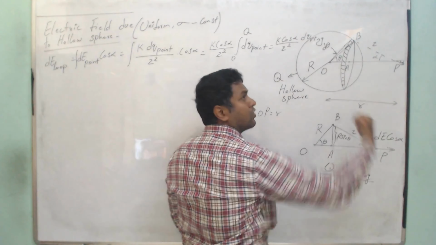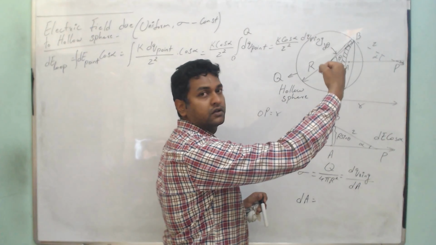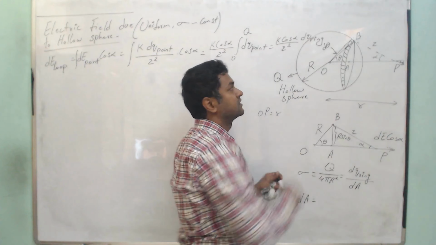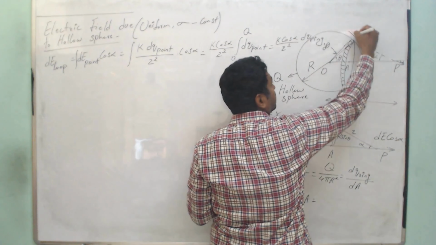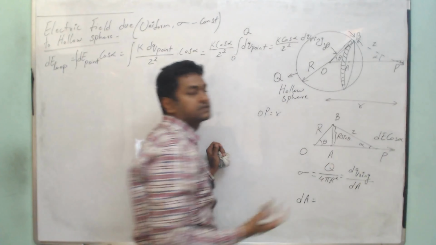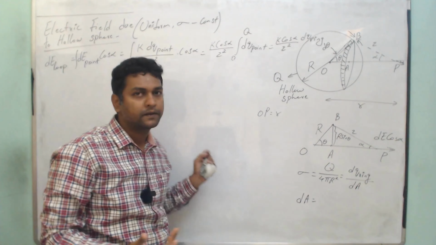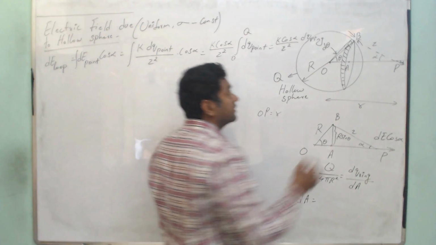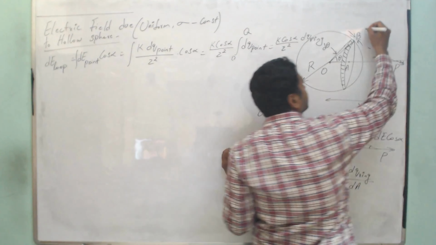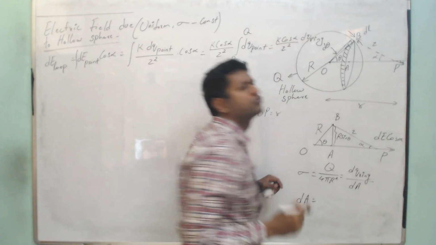I will run along the perimeter of the loop with a paint brush of thickness, let us call it dl. Let us call the width of it along the sphere dl.